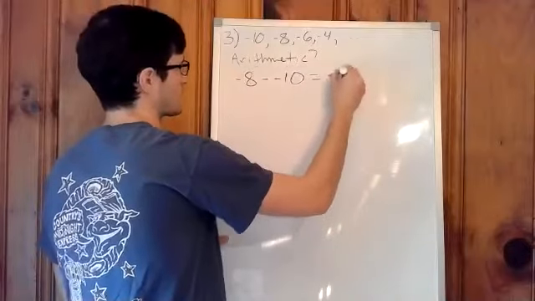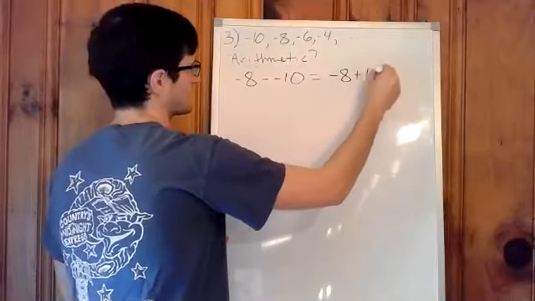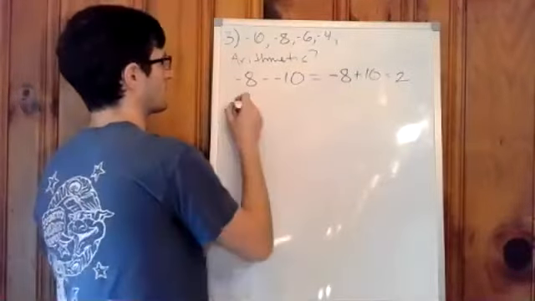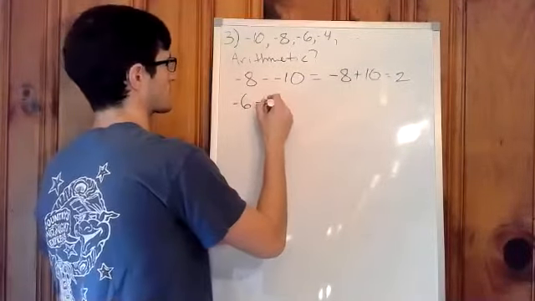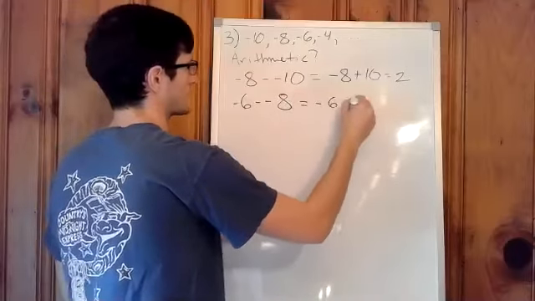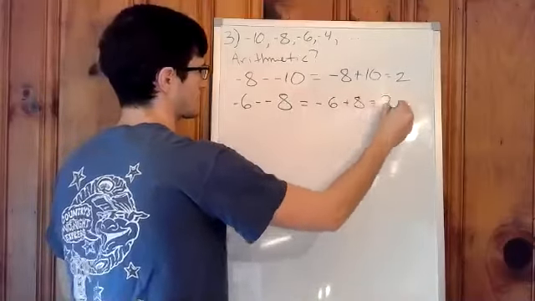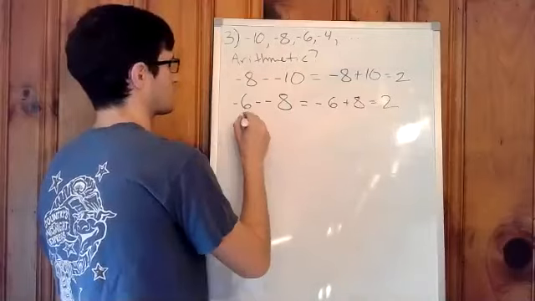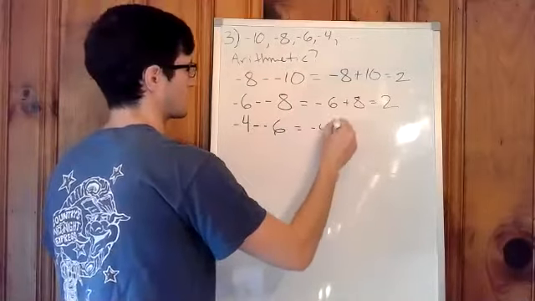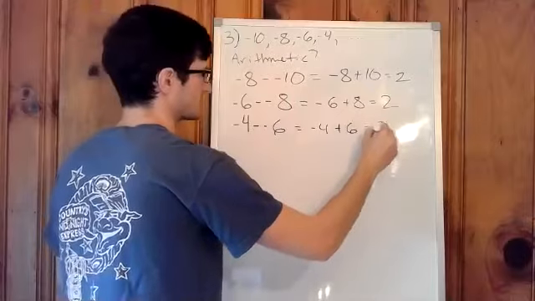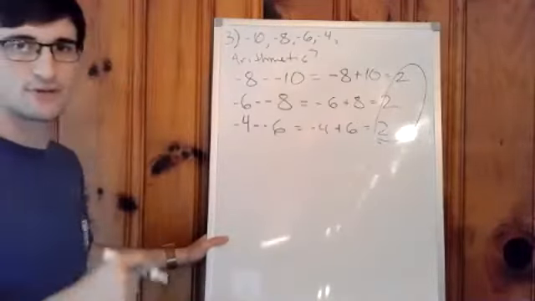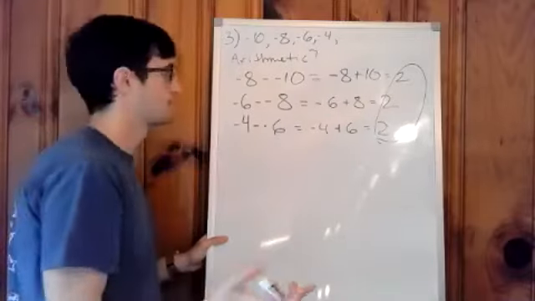That gives us -8 plus 10, which is 2. -6 subtract -8 is -6 plus 8, 2. -4 subtract -6 is -4 plus 6, 2. Look at that, I have a common difference of 2.